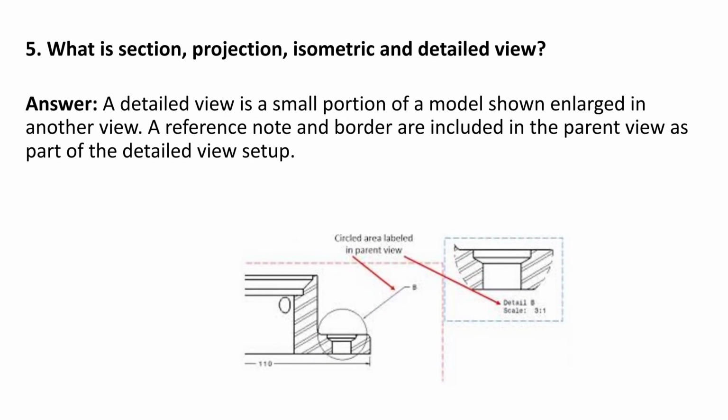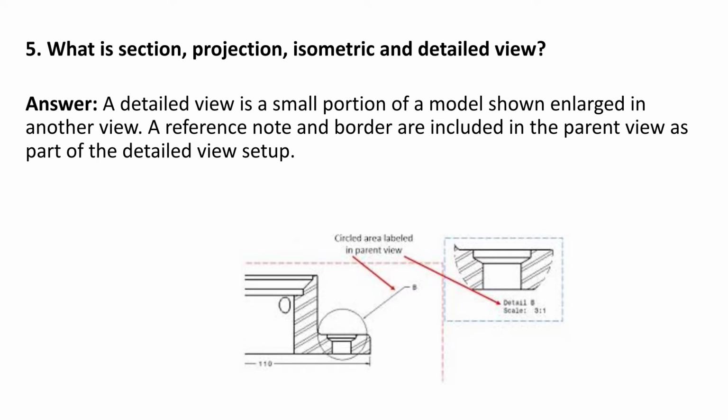Next question, what is a detail view? So with this diagram you can understand the detail view. Now again if we see the details of B, in that case we can produce its detail view. So a detail view is a small portion of a model shown enlarged in another view. A reference note and border are included in the parent view as a part of detail view setup.